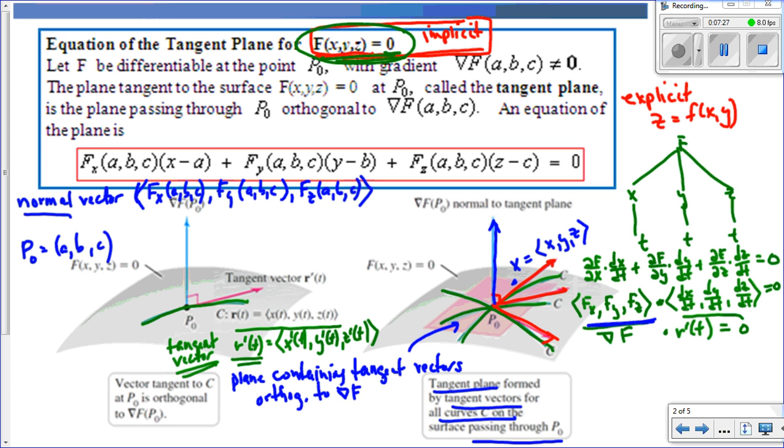The vector passing through the point P naught and x would be given by x minus a, y minus b, and z minus c.